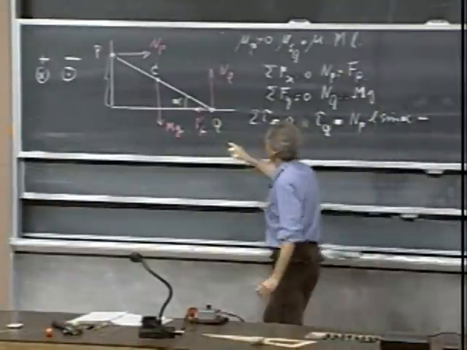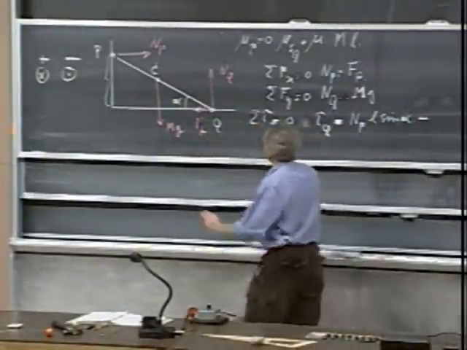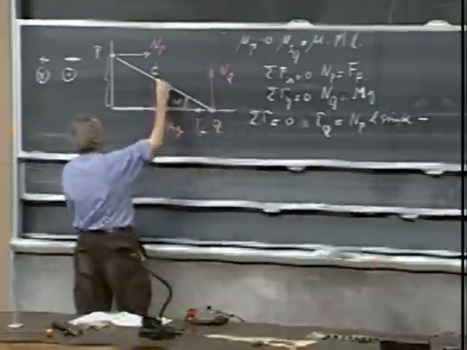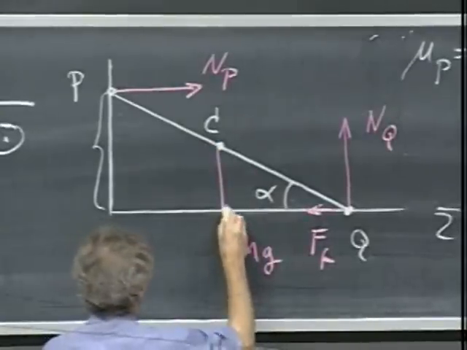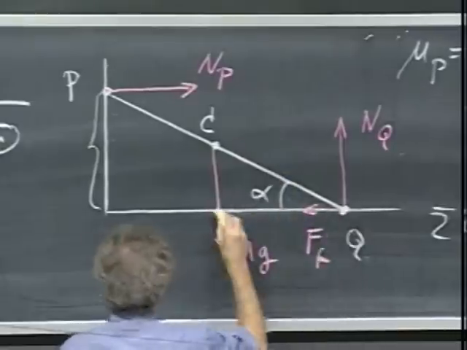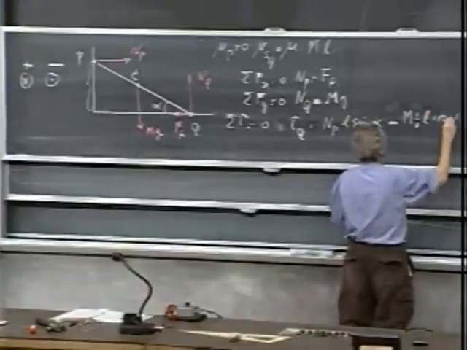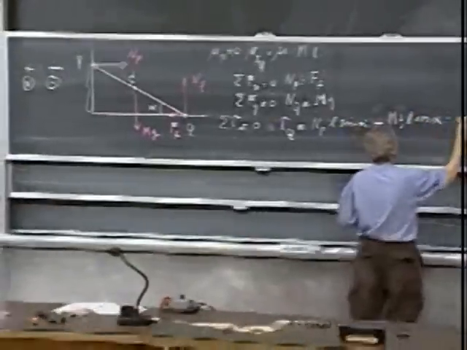The next one, mg, is going to be a negative torque. And so now I need the cross product between the position vector and mg. That is the length 1/2 L cosine alpha times mg. So mg times 1/2 L cosine alpha, and that now must be 0.